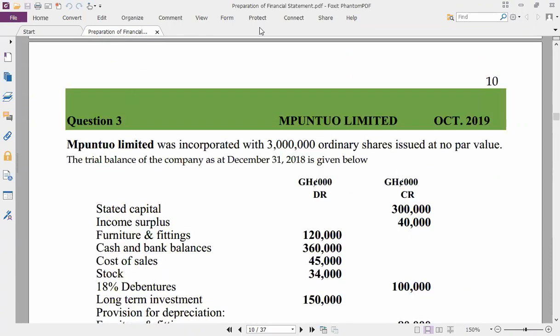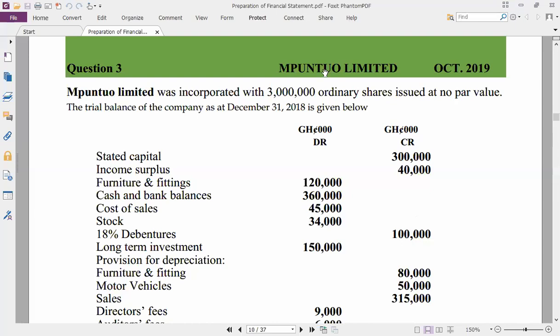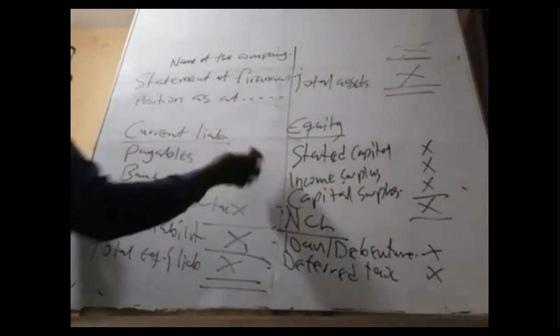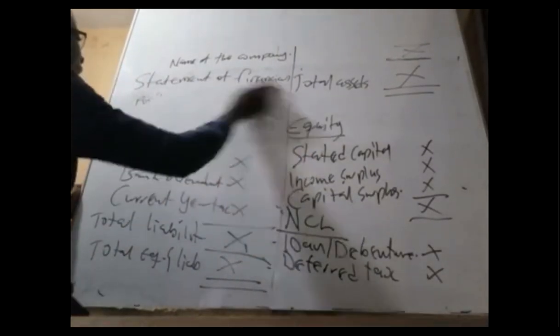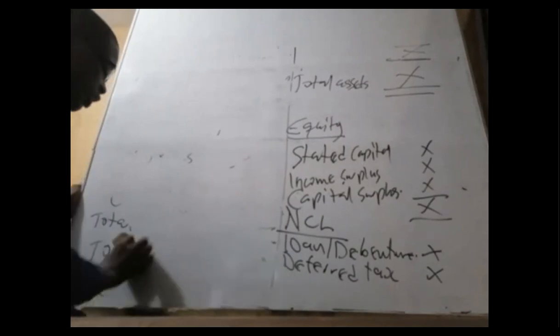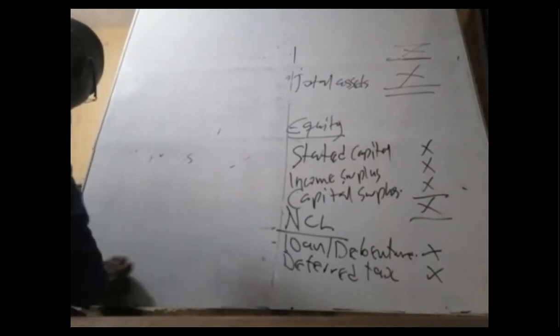First, let's go to the board. The name of the company is called Impuntio Limited. Look at how we will go by that. I'll be very fast. We are not touching anything in a footnote for now.